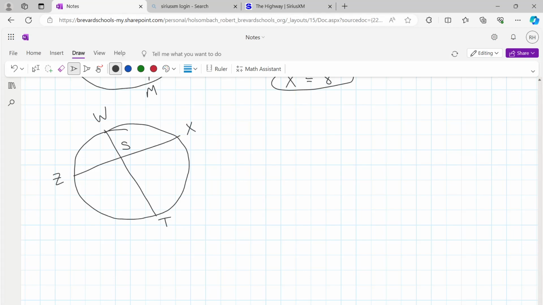So our W to S segment is x units long, and S to T is going to be x plus 12. Z to S is x plus 6. And S to X is x plus 2.